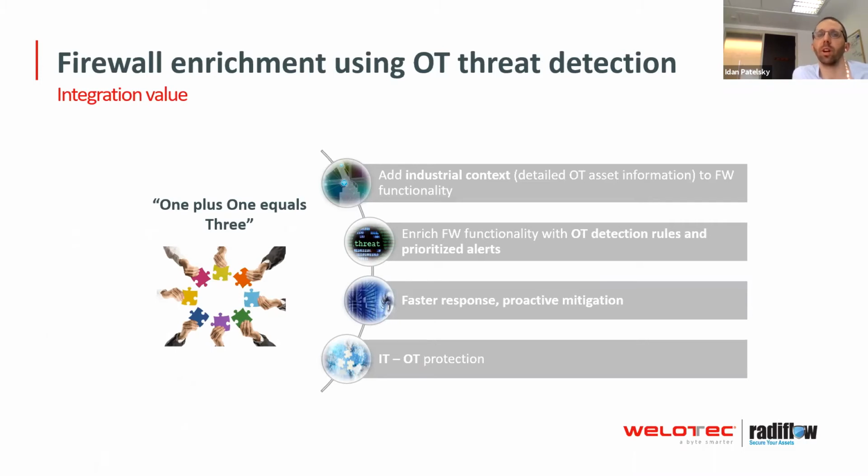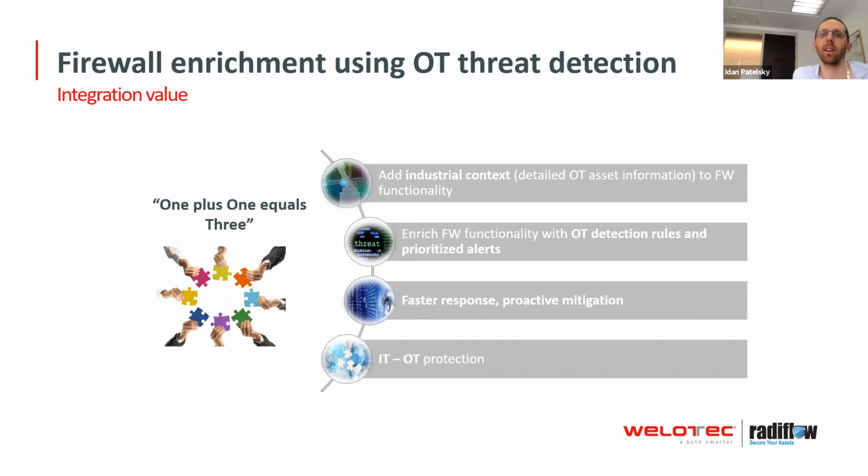First, we are now able to add some industrial context into the firewall, meaning it's not just an IP or a MAC, we know additional OT asset information for every IP. We can add dedicated OT detection rules and some prioritized alerts. We can get faster response and proactive mitigations because we can have online integration between the OT detection and the firewall.